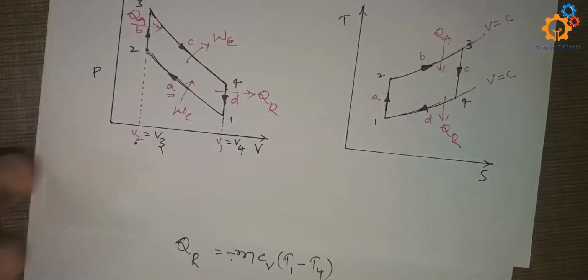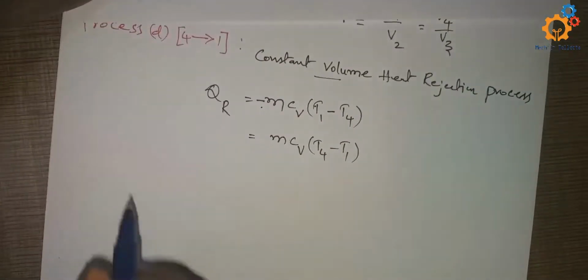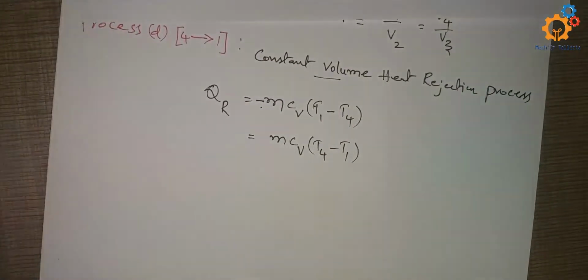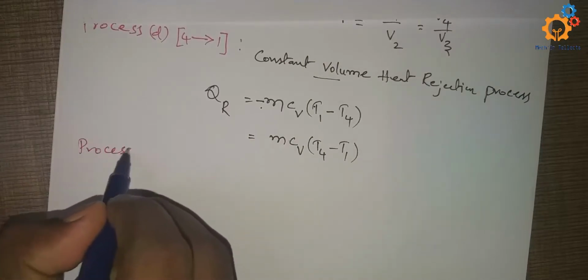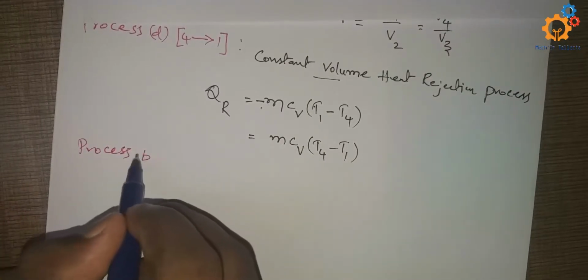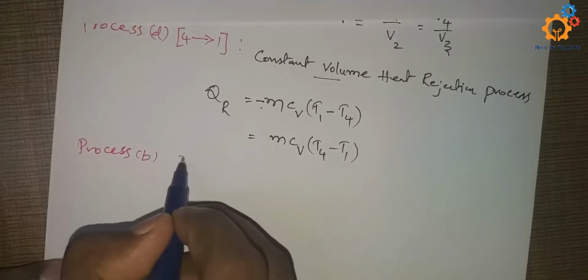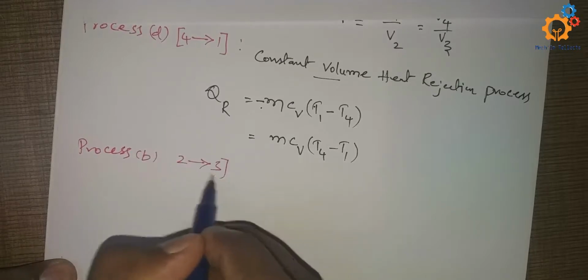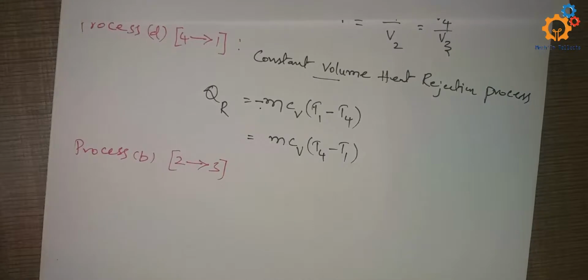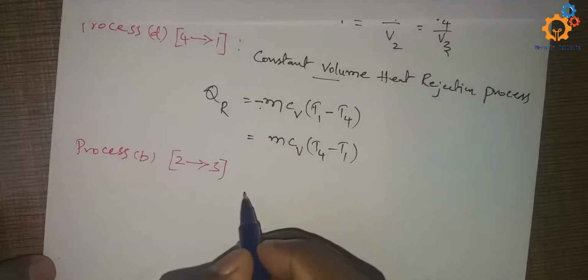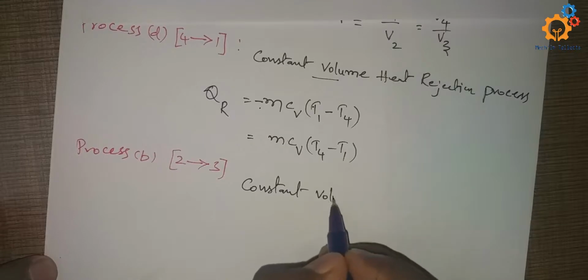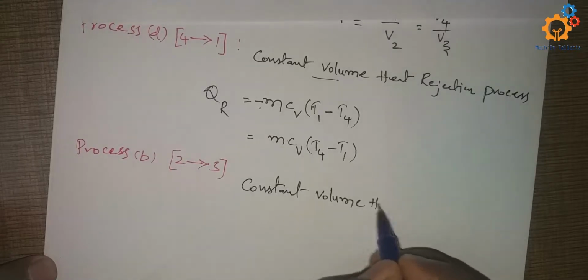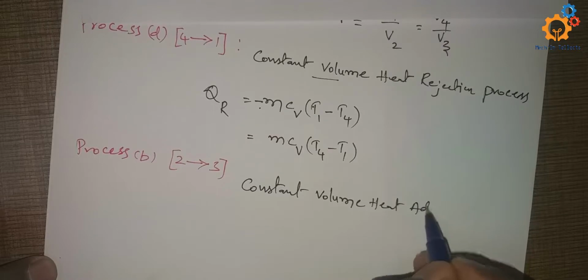Process B, that is 2 to 3. What is this? Constant volume heat addition process.